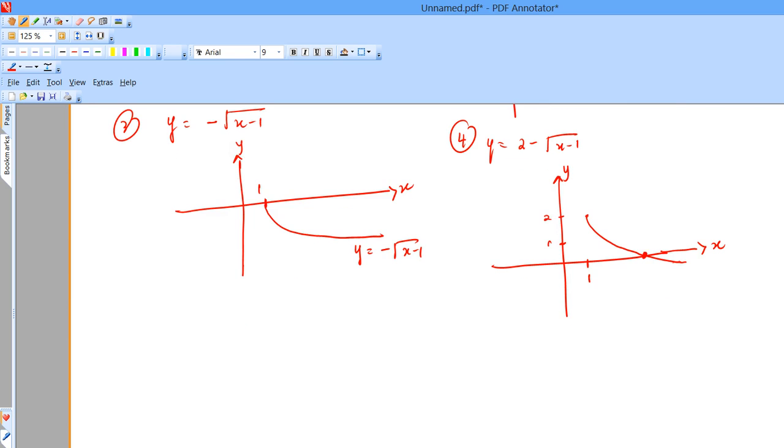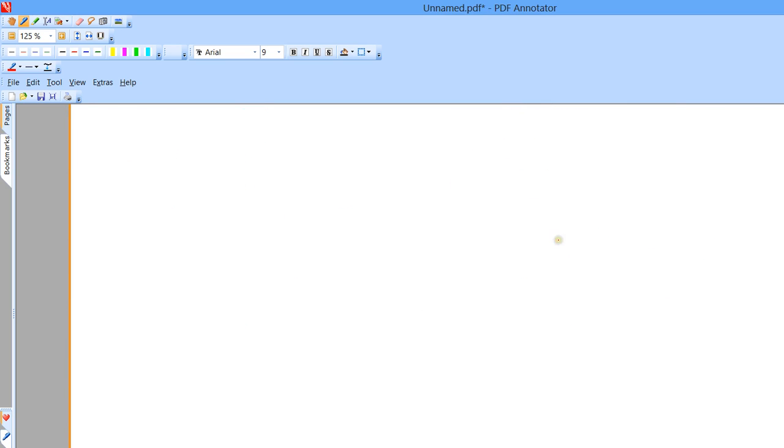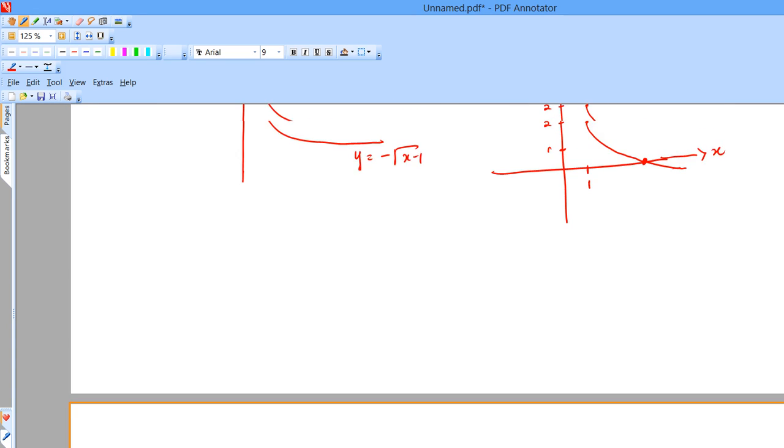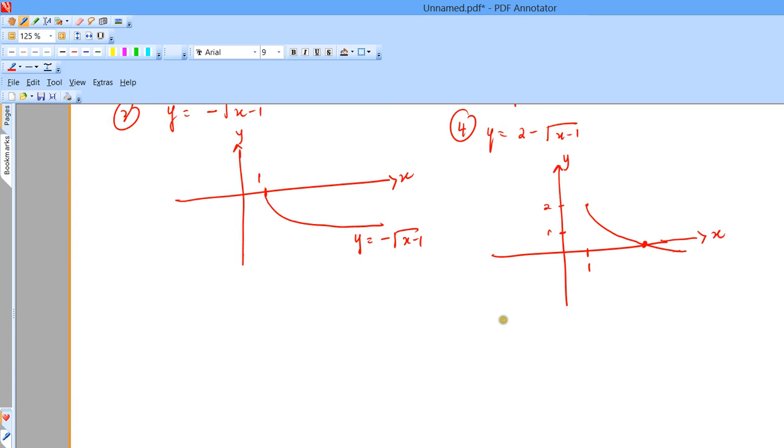So how to find the x-intercept? Just set y equal to 0. You get 0 equal to 2 minus square root of (x minus 1), or rearrange, square root of (x minus 1) equal to 2.